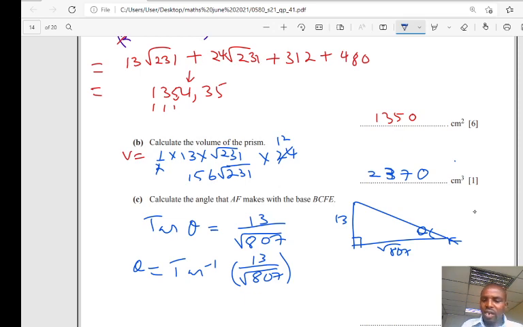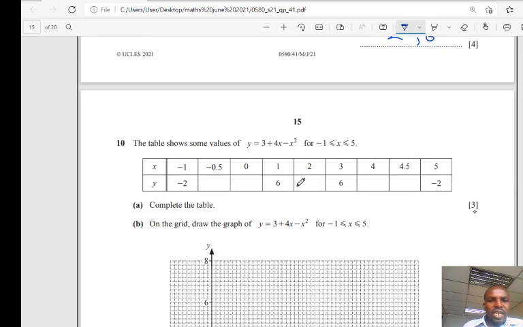Then you get 24.55898, just like that. Angles to the nearest 0.1 degree, not to the nearest degree. Angles to one decimal place, so it's 24.6 degrees. Then you can say you are done. Next question.